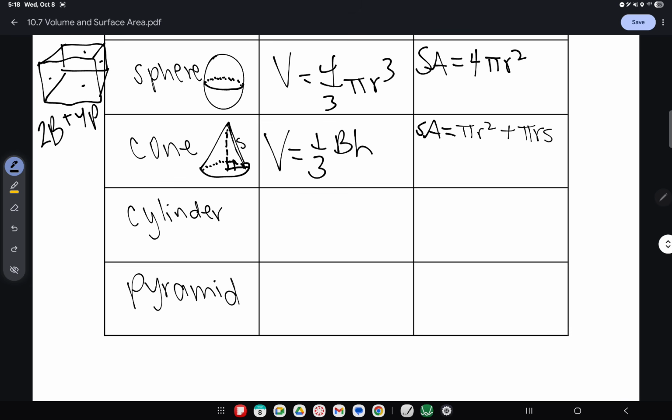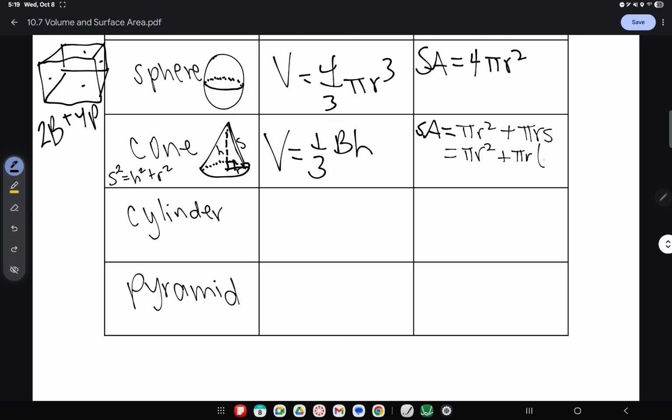So we see this makes a little triangle here, right? So we know that this is the height of the cone and this is the radius. So to find the slant height, we'd use the Pythagorean theorem. So s squared equals h squared plus r squared. So if I really wanted to substitute in for s so that I don't have to do the Pythagorean theorem every time, I can.